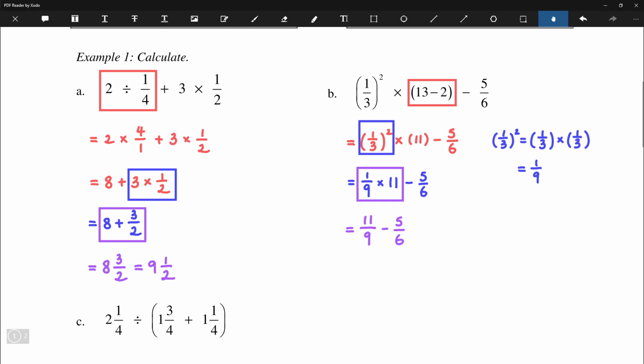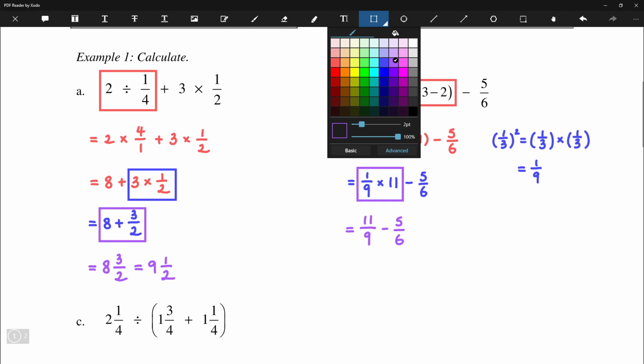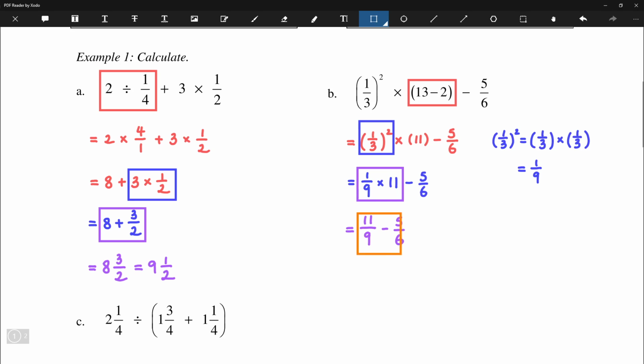So in this case, in order to subtract, we need to have common denominators. So the common denominator that we can use is 18. So we can rewrite 11 over 9 as 22 over 18. And then 5 over 6 is 15 over 18.